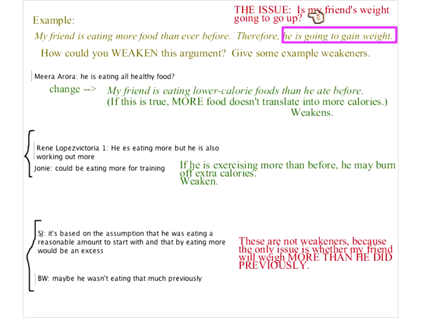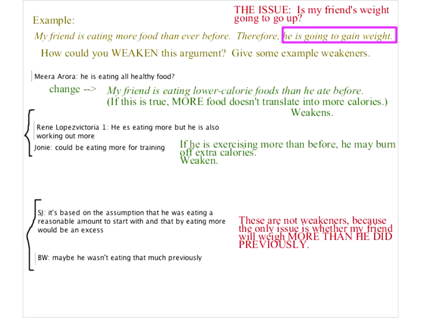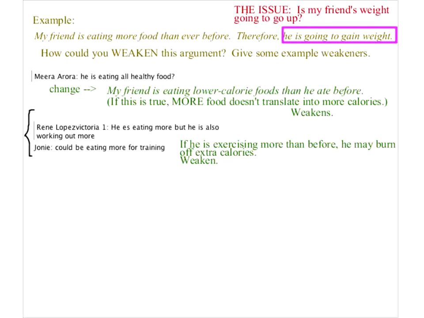Now, let's discuss the process here, because the thing with these problems is that when you study them very formally, they get much harder to deal with, because you lose your ability to think like a regular person. So let's go ahead and kill the ones that are not weakeners and leave the ones that are on the board. Some observations here.